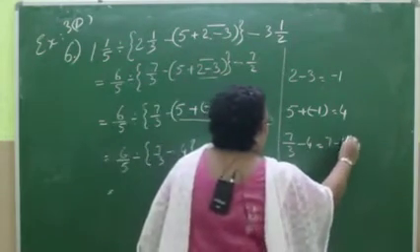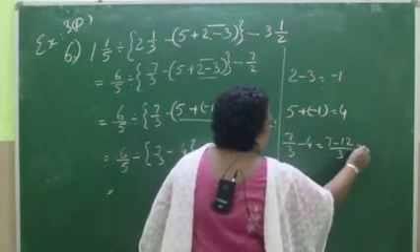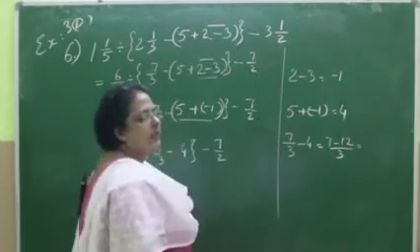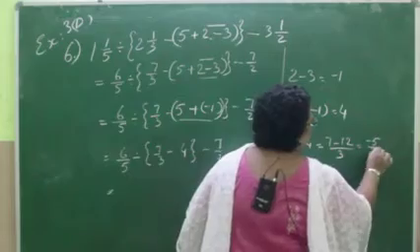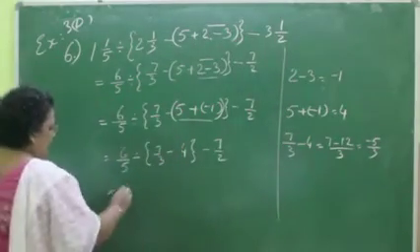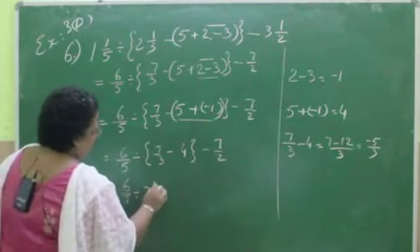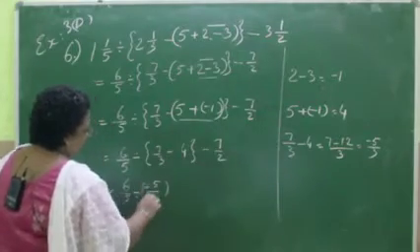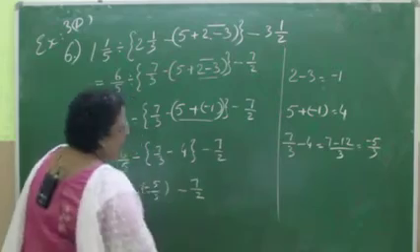So I am writing only 12 here. So that is 3. So 7 minus 12. What is 7 minus 12? Negative 5 by 3. So there also we are getting a negative integer. So here 6 by 5 divided by negative 5 by 3. So we are getting negative 5 by 3 minus 7 by 2.